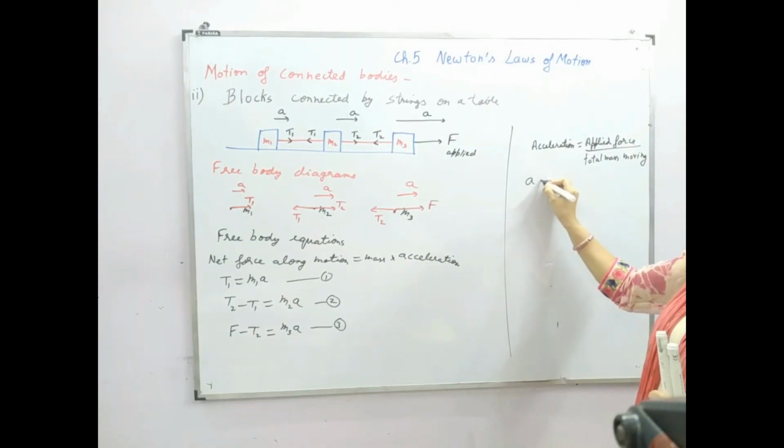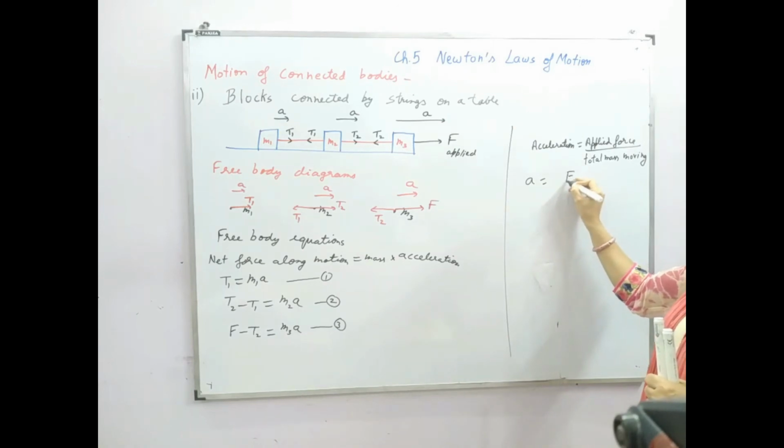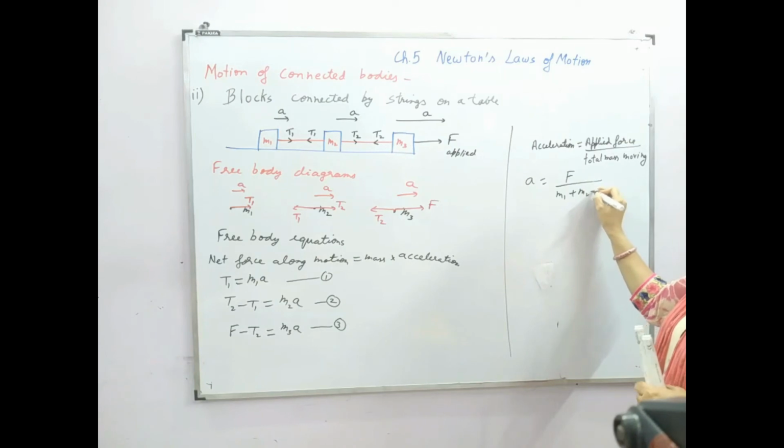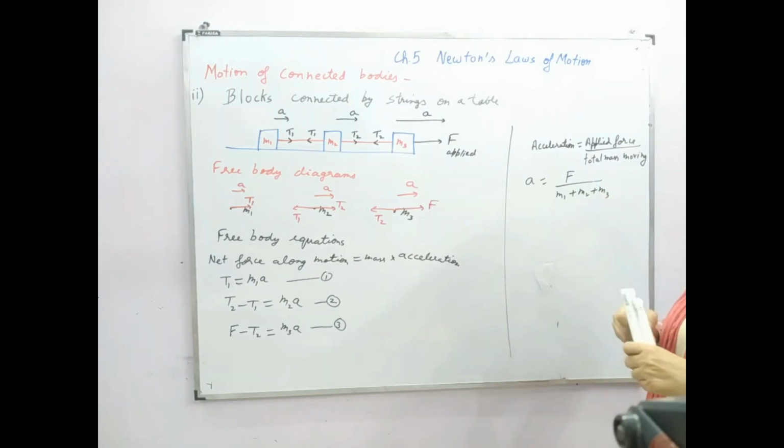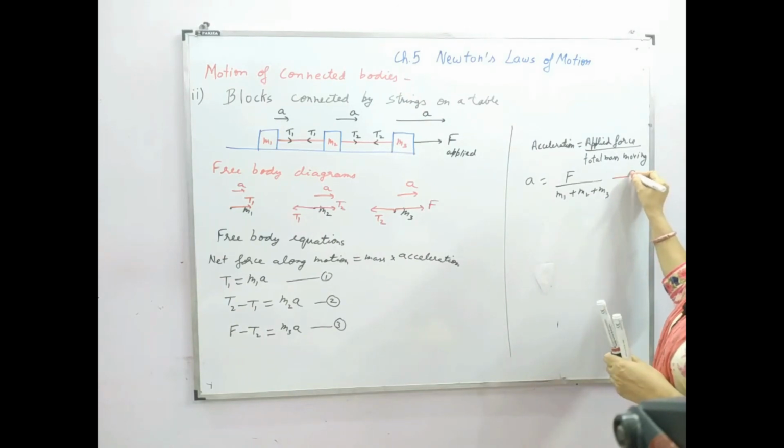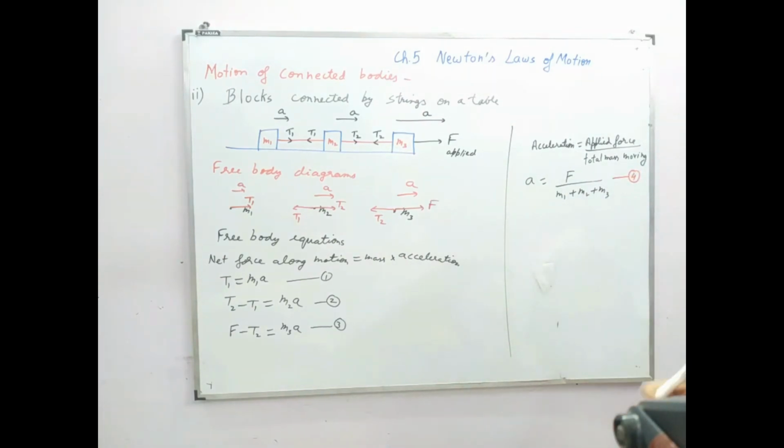So this acceleration is equal to, what is the applied force? F. What is the total mass? M1 plus M2 plus M3. So this becomes a very important equation number 4. Now you have these 4 equations. You can easily find out whatever you want to find out.